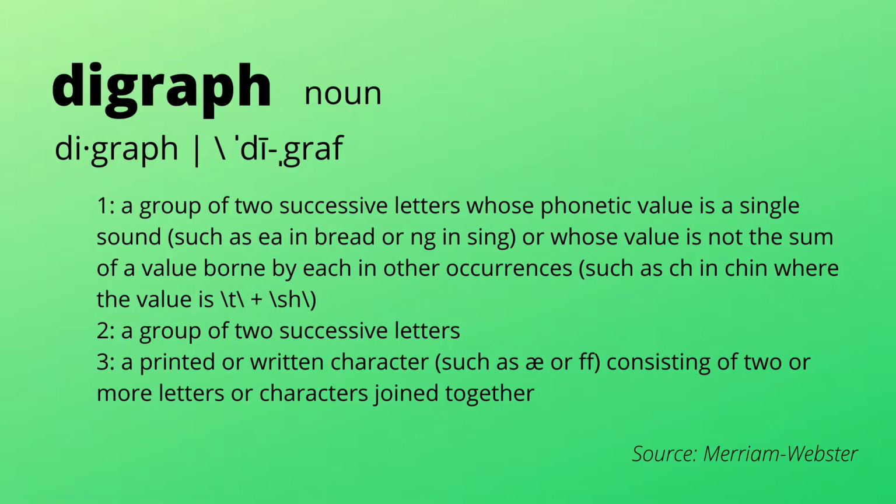Now today we're going to look at a different type of cipher that works in a different way. Rather than encrypting one letter at a time, we're actually going to encrypt letters as pairs. This type of cipher is described as a digraph or digram substitution cipher. Now a digram or digraph is a pair of successive letters, such as the SH in the word shoe.